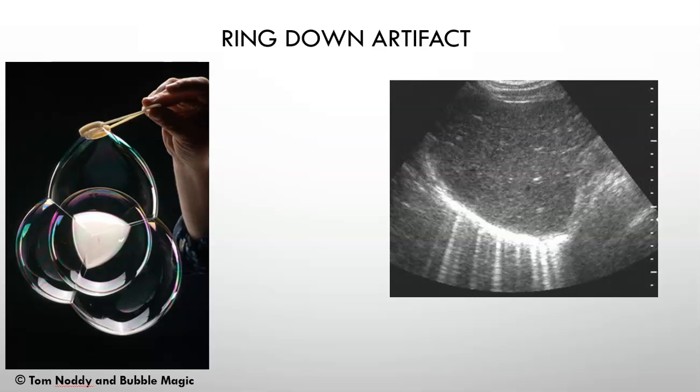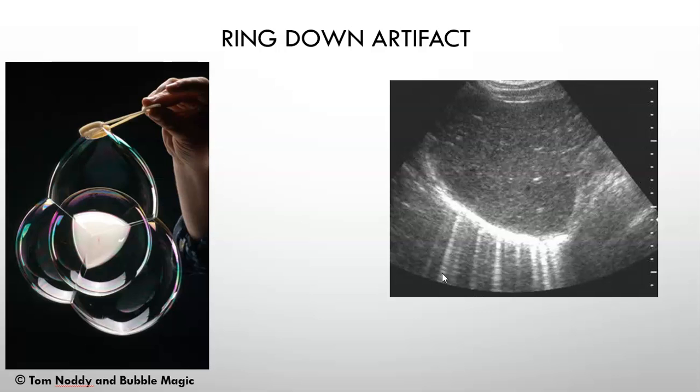And here we see the cause of the ring down artifact. Ring down is usually specific to gas bubbles that are vibrating. When gas forms a tetrahedron in a mass of bubbles, as we can see in this picture, this is a particular structure that will vibrate by the sound hitting the outer bubbles and causing this to vibrate back and forth, and it results in this ring down artifact that we see at the edge of this diaphragm.